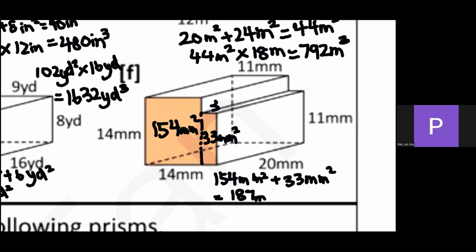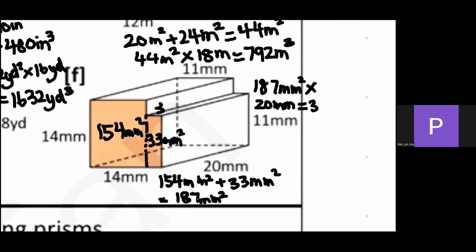We take 187 millimeters square and multiply it by 20 millimeters, the length of the L-shaped prism, and we would get 3,740 millimeters cubed.